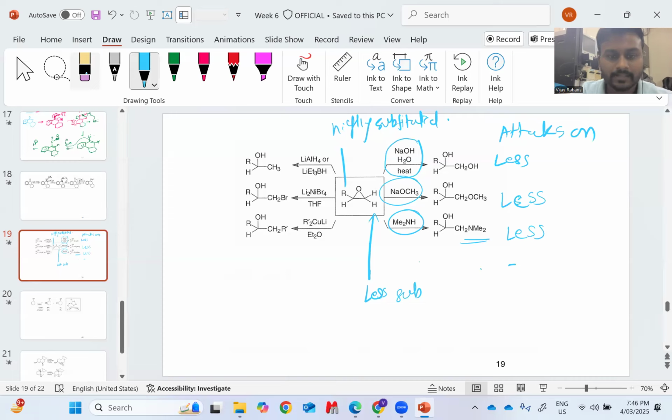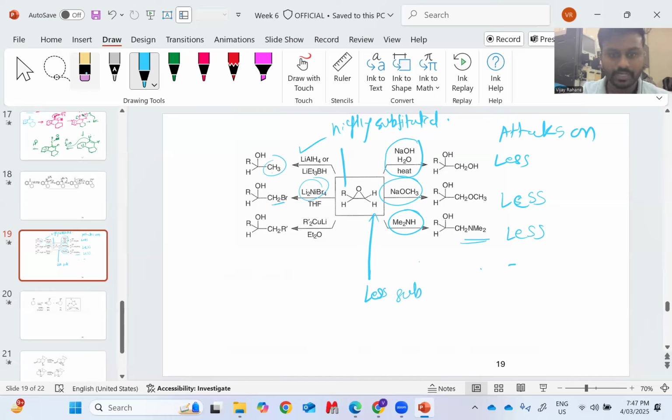Further, if you add LiAlH4, again the same case: the hydride attacks the less substituted side. Also, if you use Li2NiBr4, that's the nickel-based reagent, nucleophilic bromination occurs, and Br minus attacks here as well.